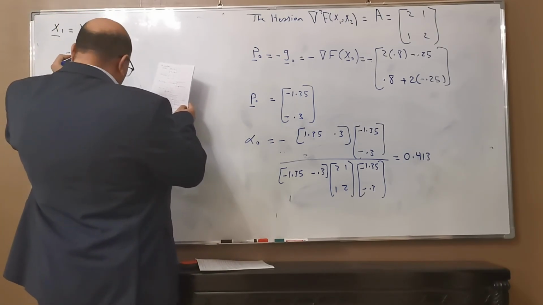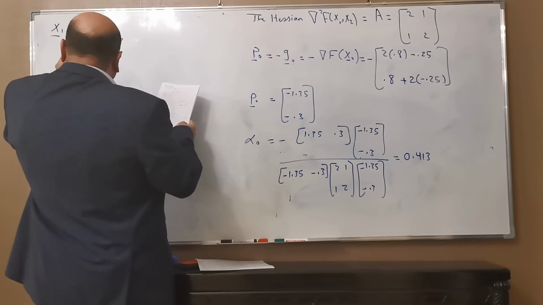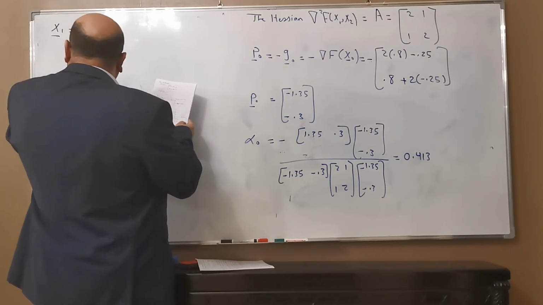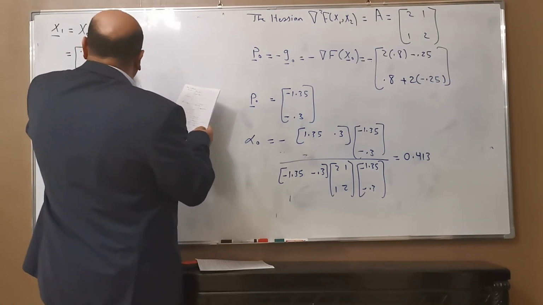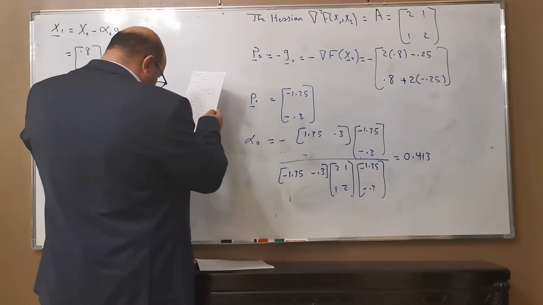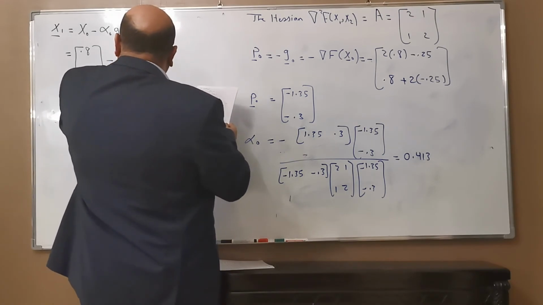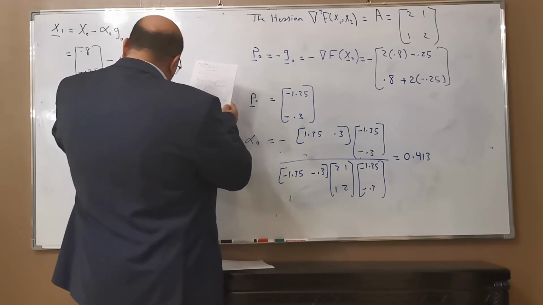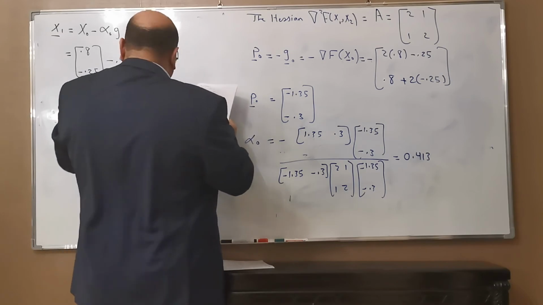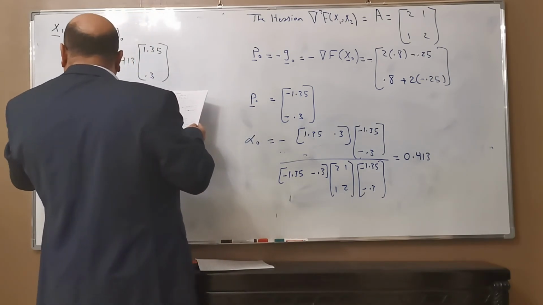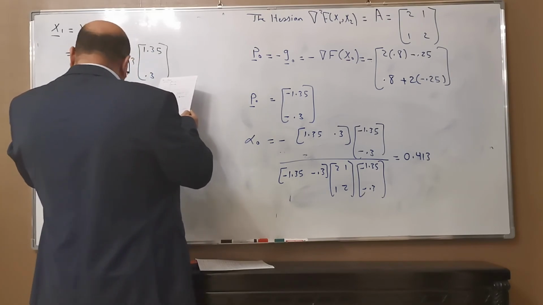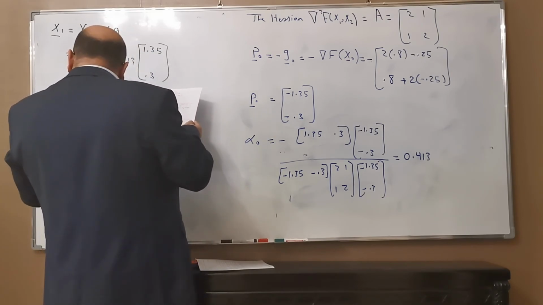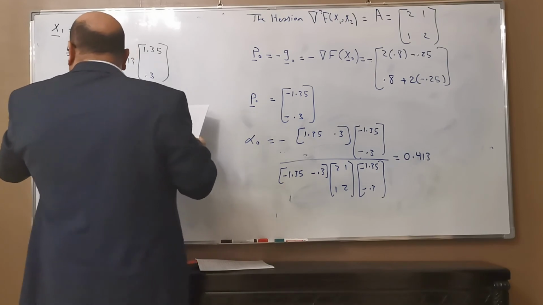So this equals 0.8, minus 0.25, minus 0.413 times the gradient at 0, which is 1.35, 0.3, and this equals 0.24, minus 0.37. So you have x1.